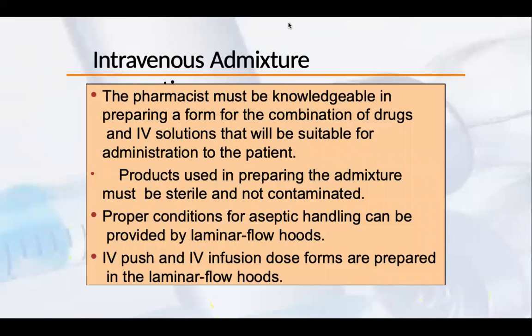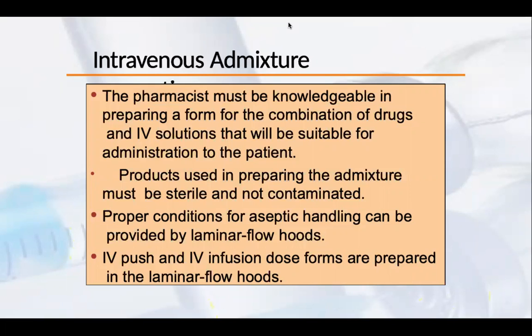Products used in preparing admixtures must be sterile, and their sterility must be controlled. That's why aseptic handling has to be used. You have seen that drugs are injected through the IV set; drips are mostly used through IV sets. Small injections can be given through a disposable syringe, but larger volumes cannot be administered through a disposable syringe.